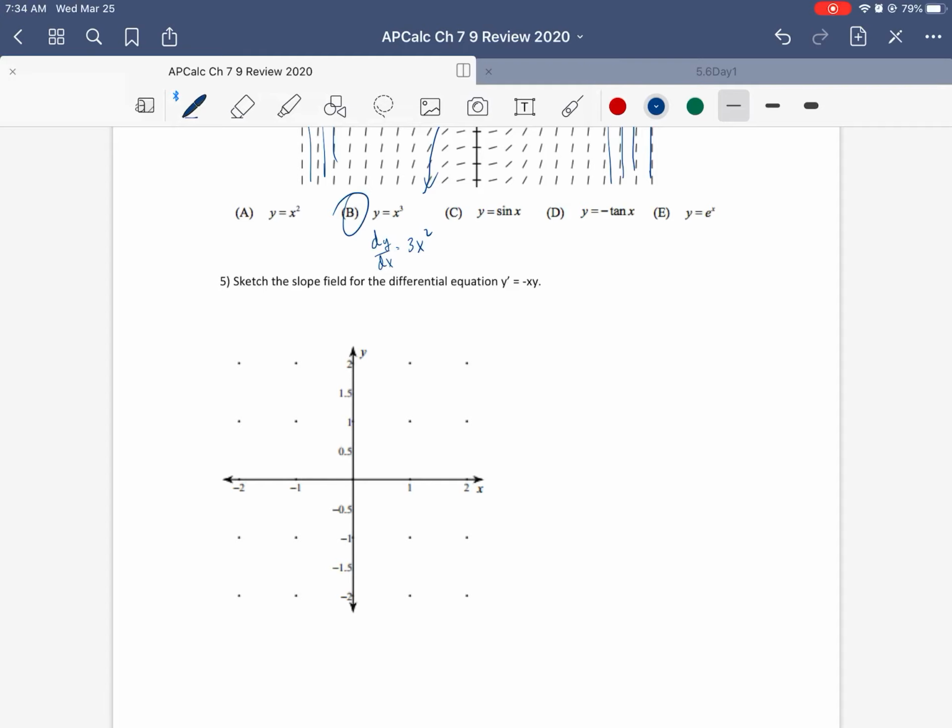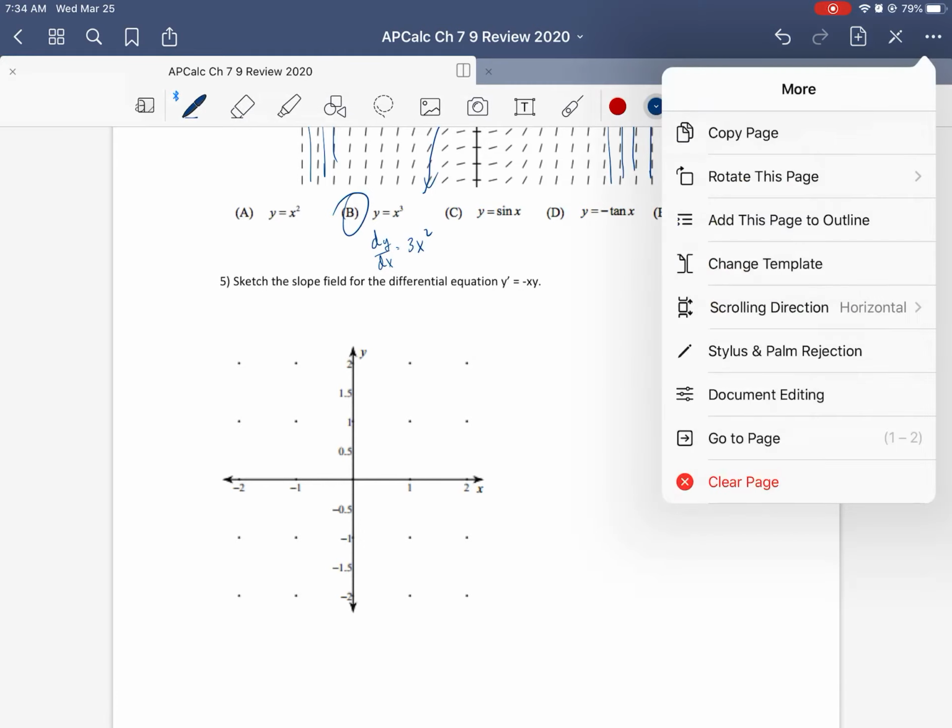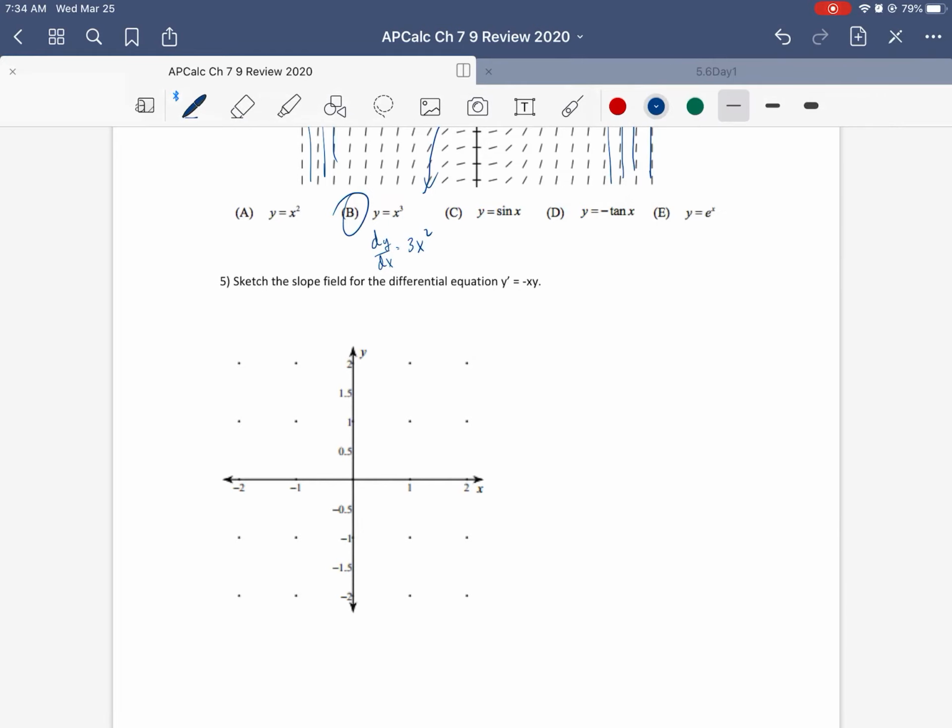Okay. Something like number 5, you only have to plot your slopes along the axes and the dots that are provided. So y prime, or dy over dx, or the slope, is equal to negative x times y. The values are given, so I'm going to start at 0, 0. Of course that would be 0. If I move right to 1, 0, that would be negative 1 times 0, so I'm still 0.